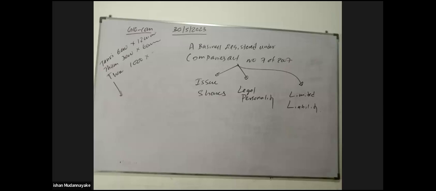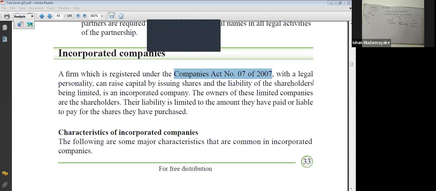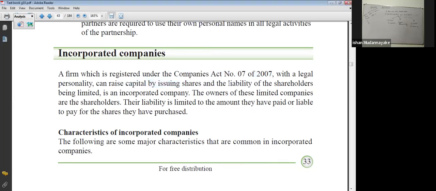Right. Tisasna, by including these characteristics, you need to provide an answer. No need to write the exact answer. By including these three characteristics, legal personality, can raise capital by issuing shares, and liability is limited, you need to provide the answer.